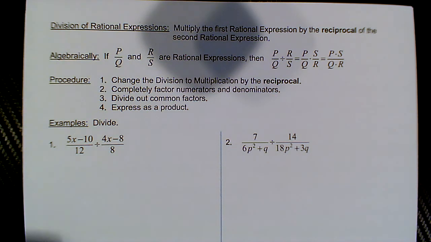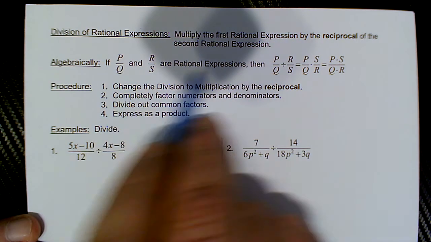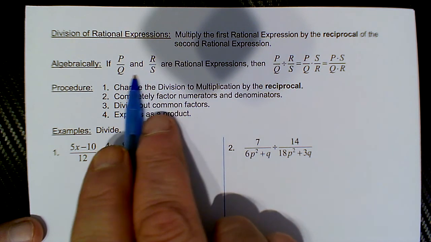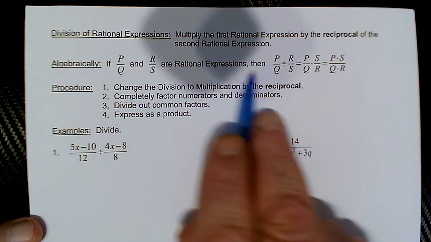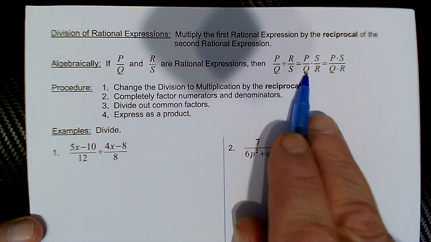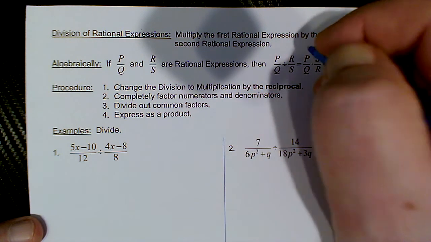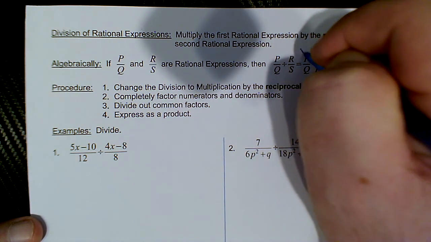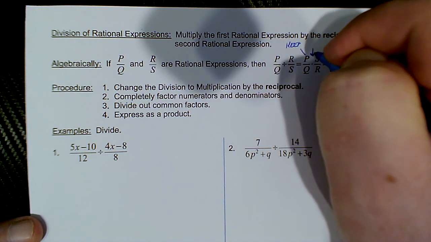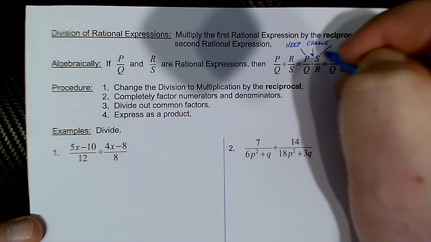So, for example, the definition of division, this is for rational expressions as well as real numbers, but you have P over Q, R over S. So P over Q divided by R over S is P over Q times S over R. So some people say keep, change, and flip.